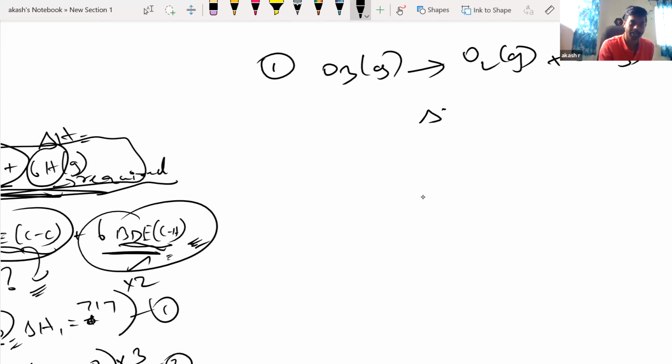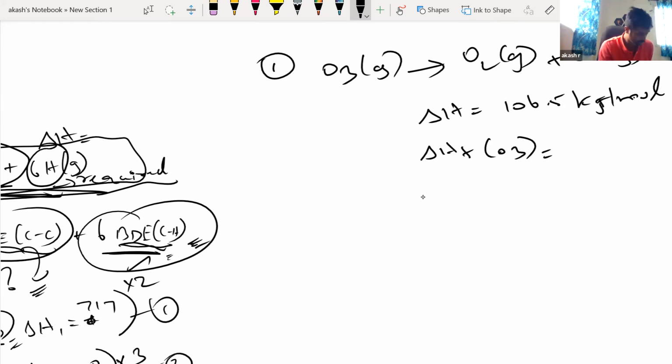The enthalpy value for this reaction is given to be 106.5 kilojoules per mole, and they have given the enthalpy of formation of O3, that is ozone, to be 142.7 kilojoules per mole. Now what we have to do is find the bond enthalpy of the O=O double bond in O2.